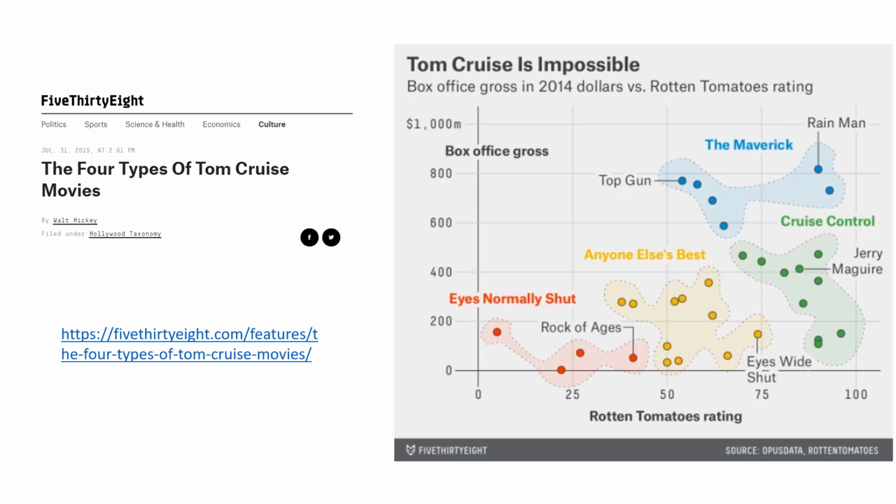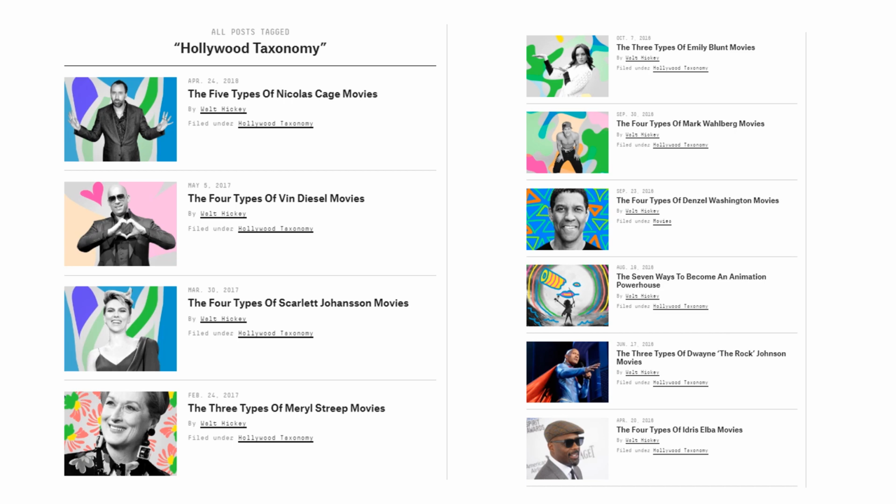And then he's been in some stinkers just like every other Hollywood actor. There are lots of these. These are great if you have a minute to look them up. This author, Walt Hickey, has done a good job of replicating this a number of times. People must be clicking on these things, and I certainly have.